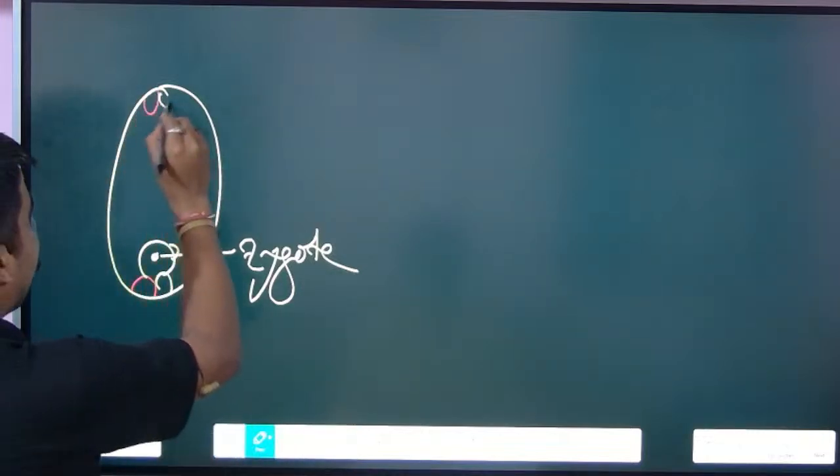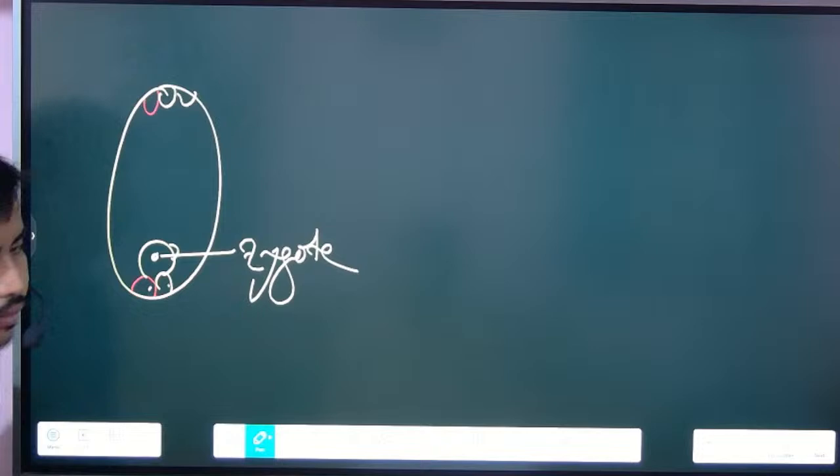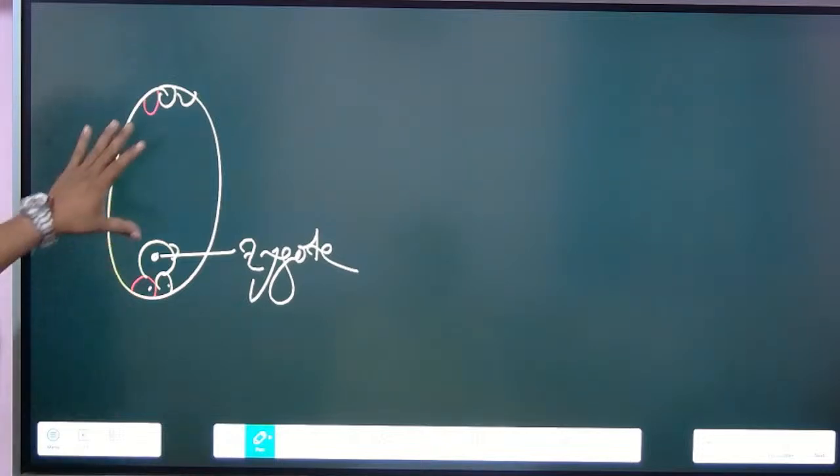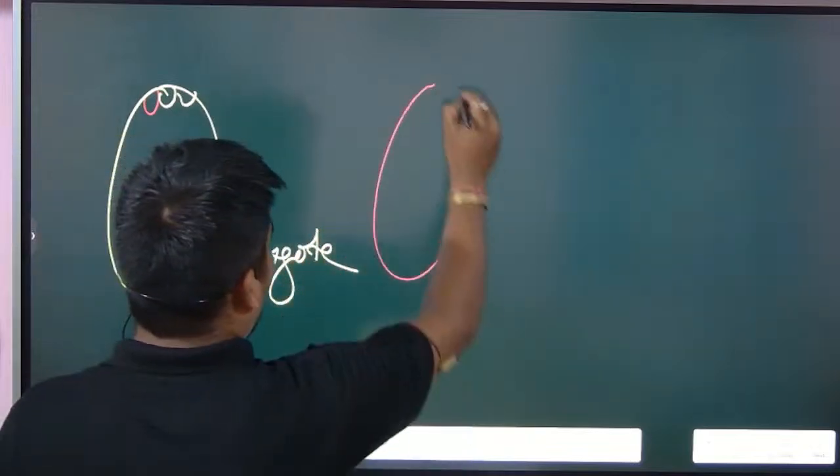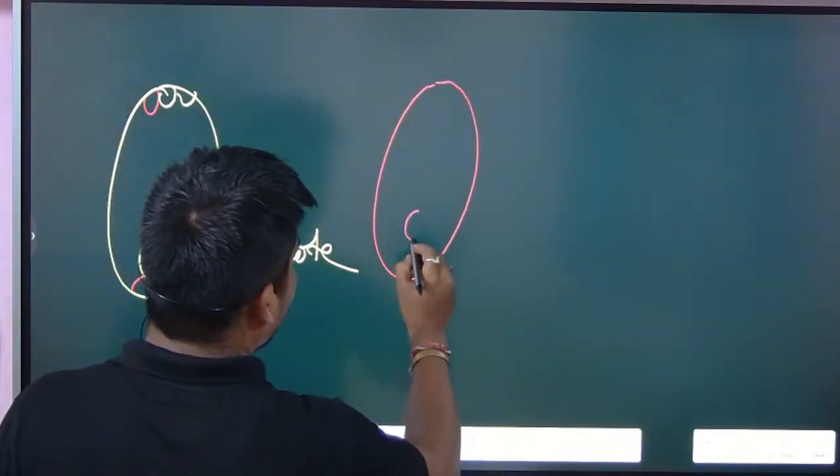And these antipodals and synergids will degenerate. Okay, this means ultimately we will have only a zygote.